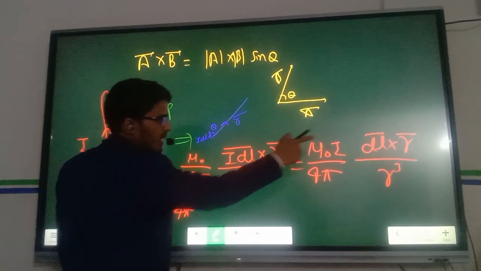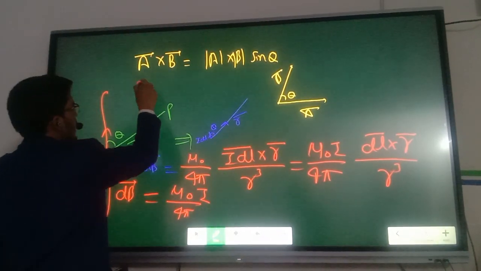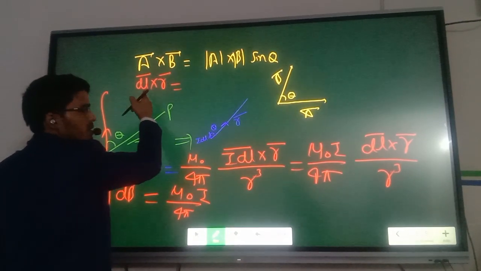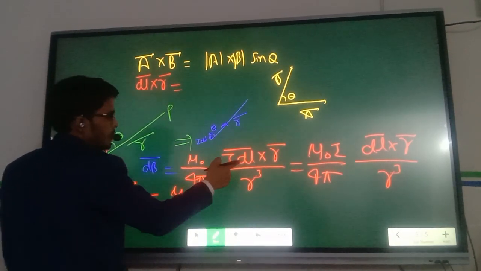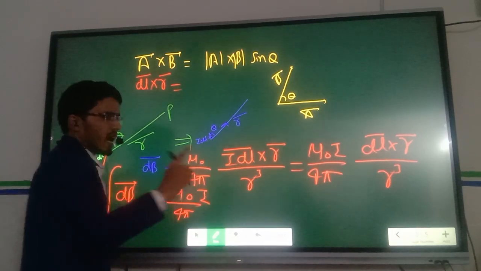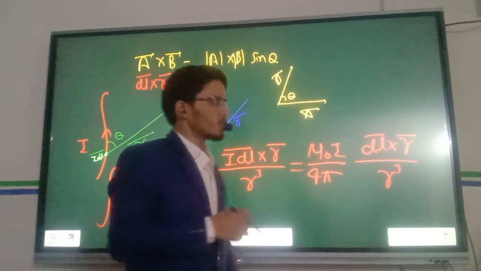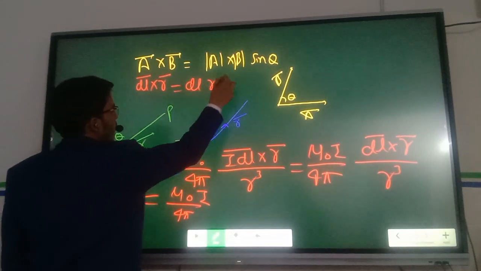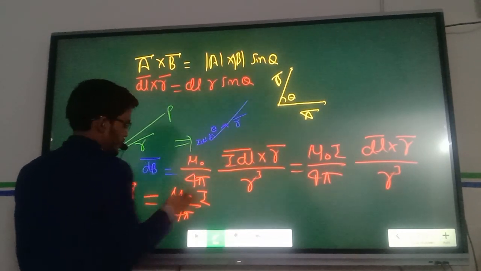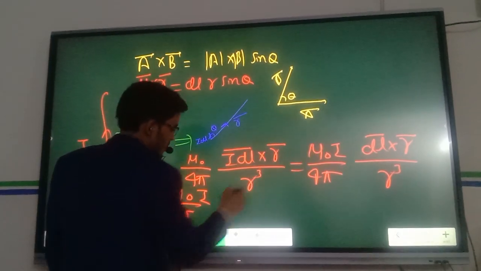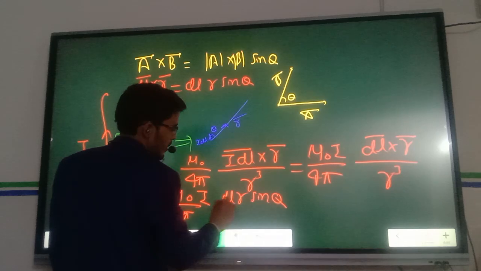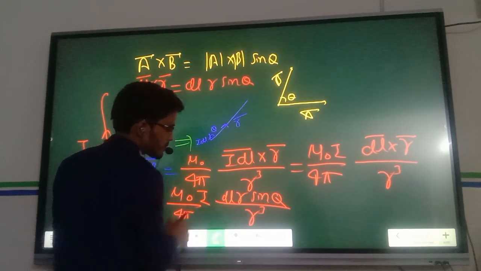Now dL cross R. Actually, this is not a vector, but I have multiplied by current I, which is constant, so I take it common. So dL cross R is dL R sin theta. Put here dL R sin theta upon R cube.